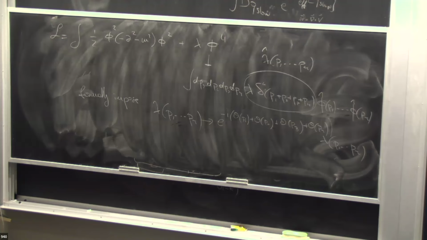This will give you a contribution to the 4-point function which goes like G12 squared, some coefficient of order 1, over 16 pi squared. There are two propagators, so you also get a log, very much like before.